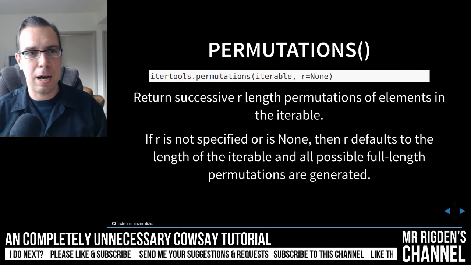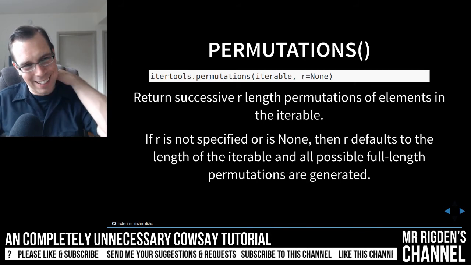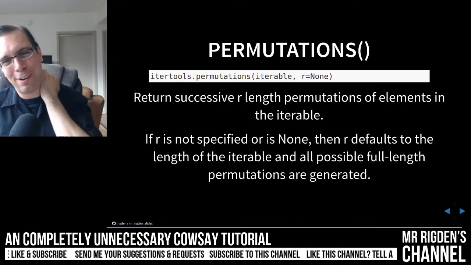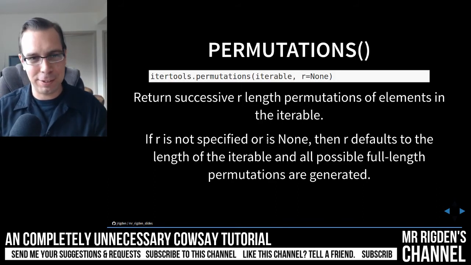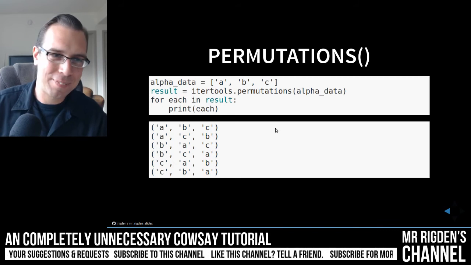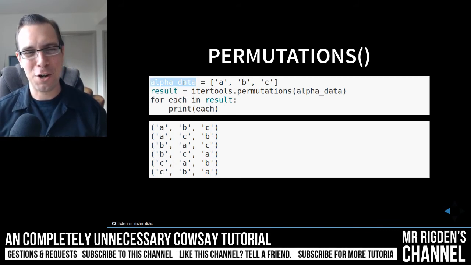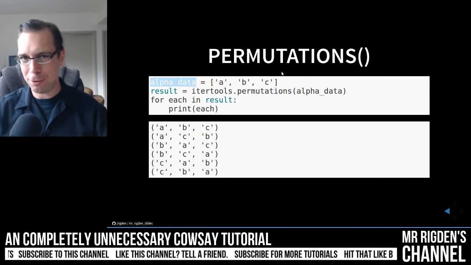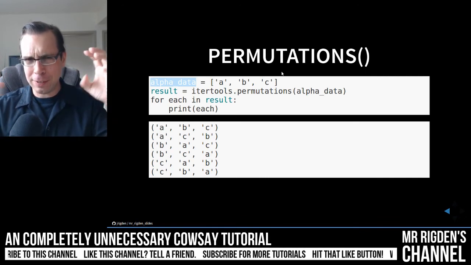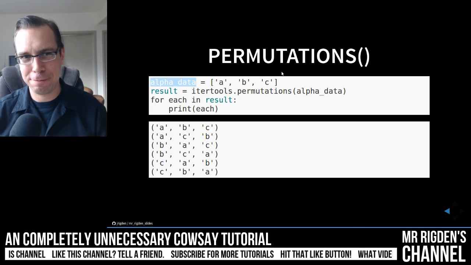All right, permutations, moving on. Returns successive R-length permutations of elements in the iterable. This definition is painful. Okay, so here we go. Permutations, we're going to just show you the example, and hopefully that will congeal in your mind. You'll feel it.